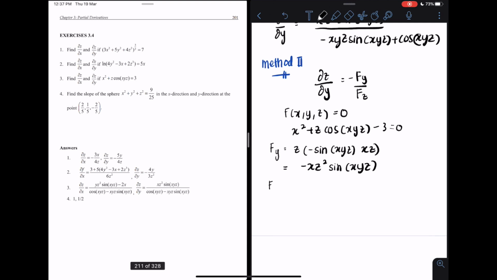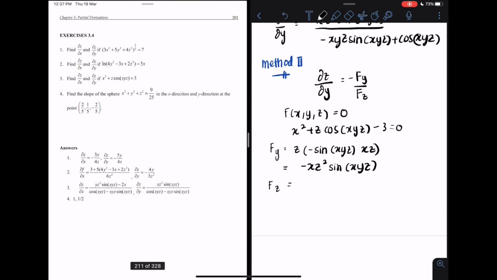And determine partial derivative with respect to variable z. So in this case, the first term, there is no variable z, therefore all the way 0. But at the second term, there is z for both functions, which is z, and at the same time cosine xyz.